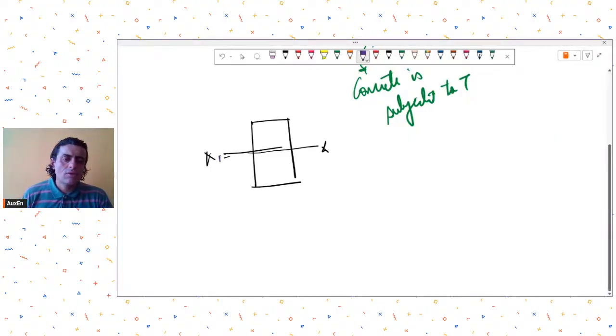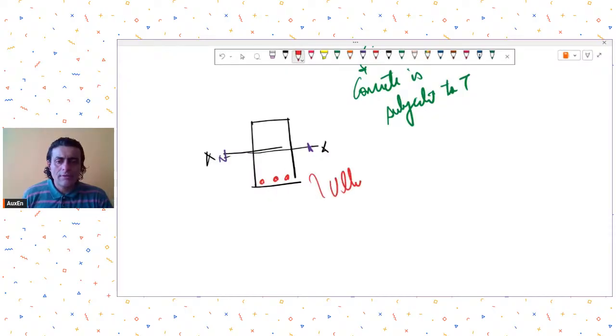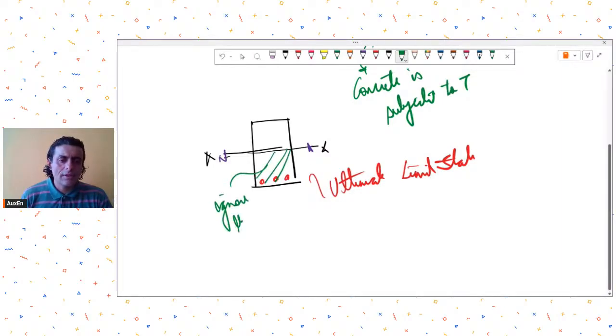So if this was your neutral axis, how do we consider cracking of concrete at the ultimate limit state? At ultimate limit state, we consider cracking by ignoring the entire concrete which is in tension. If the moment was sagging, I'll ignore this concrete completely in all my calculations.